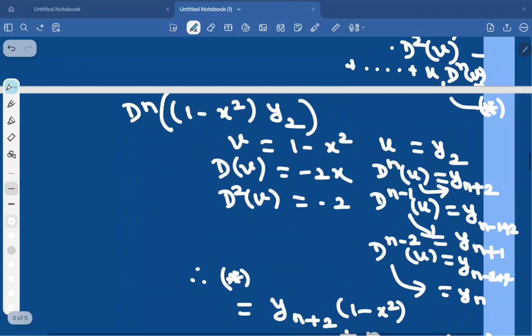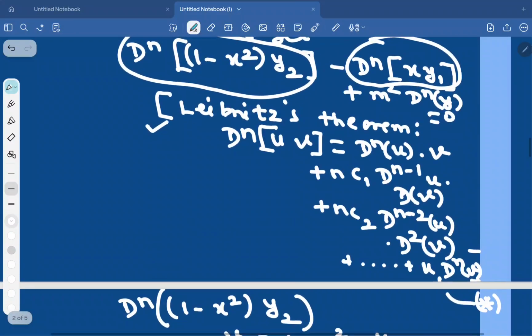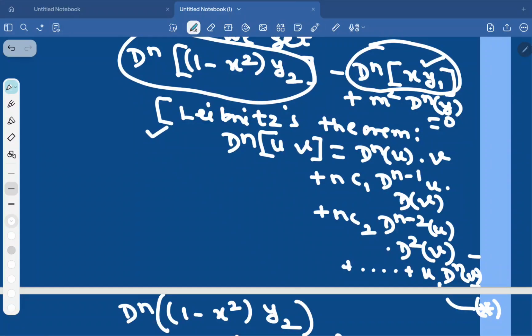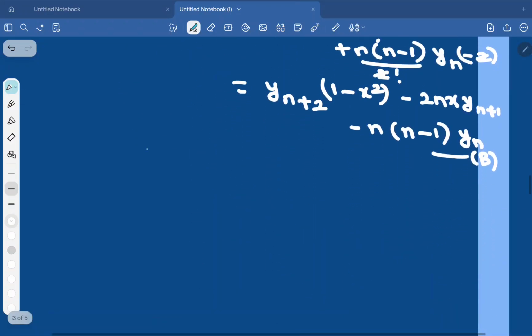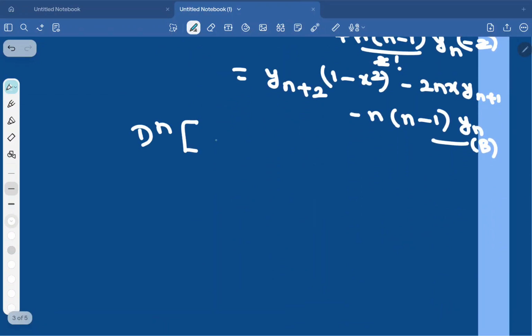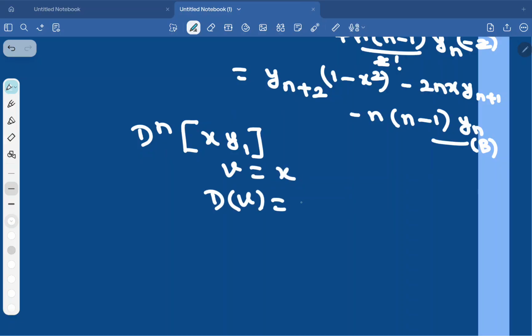Now I am going to find the value for d power n of x y1. Here v is x, d of v, differentiation of v with respect to x is 1. u is y1. What is d power n of u? y n plus 1.